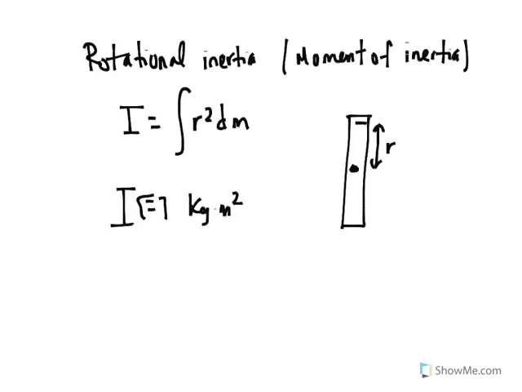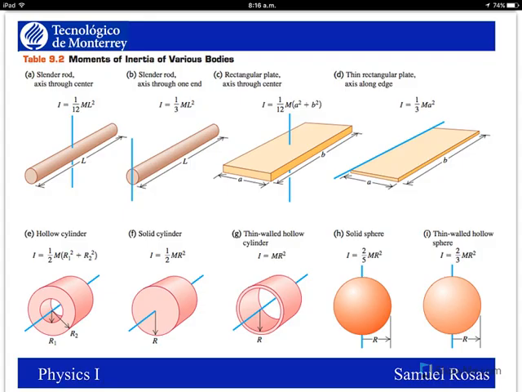So it is important to understand that if the mass increases, the moment of inertia increases, but also that if there are particles that are farther away from the axis of rotation, then the moment of inertia increases as well. And there are already reported some moments of inertia.